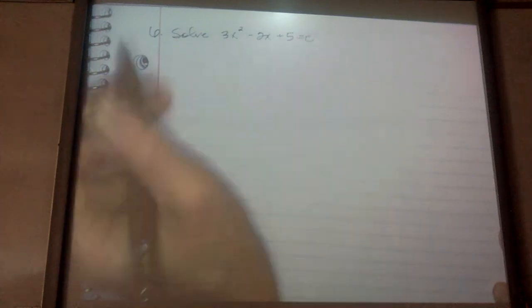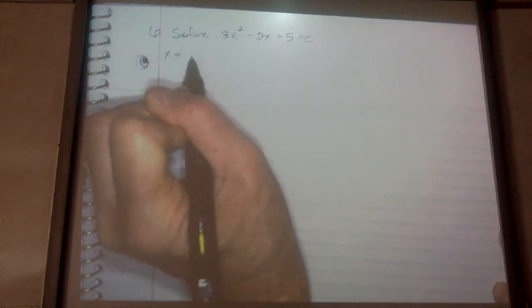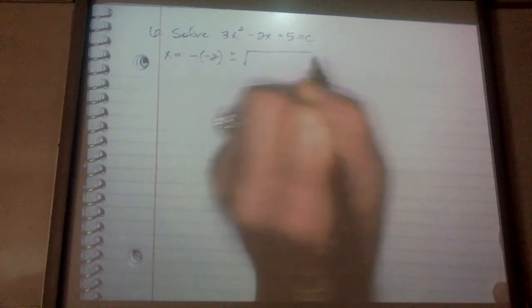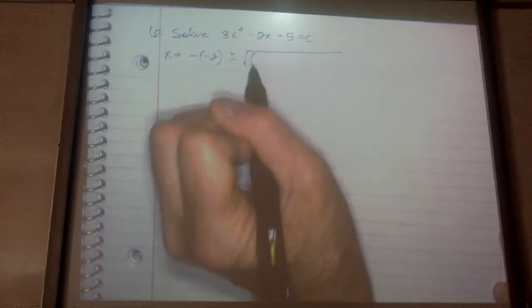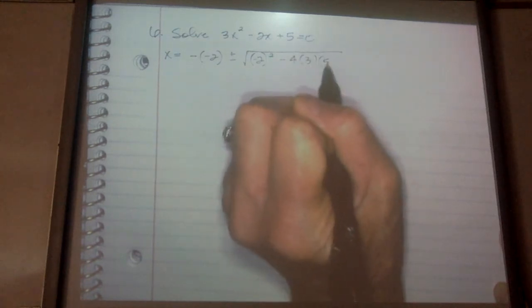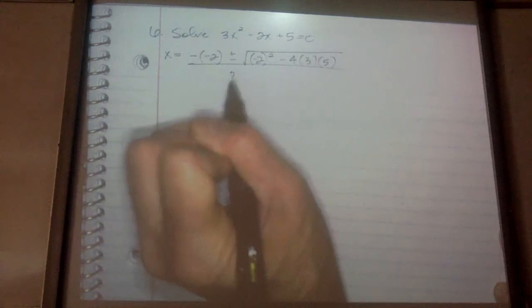So I'm going to say we're on example 6. So solve 3x squared minus 2x plus 5 equals 0. So x equals a negative b plus or minus b squared minus 4 times a times c all over 2 times a.